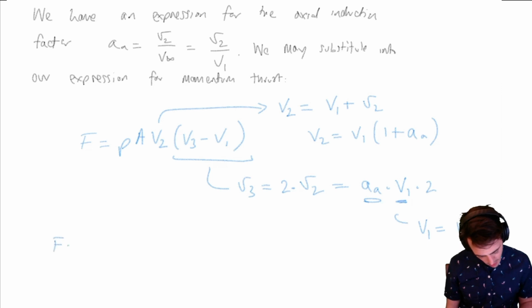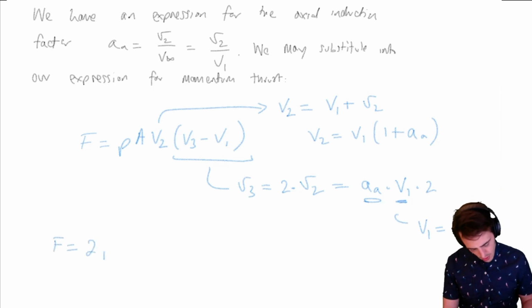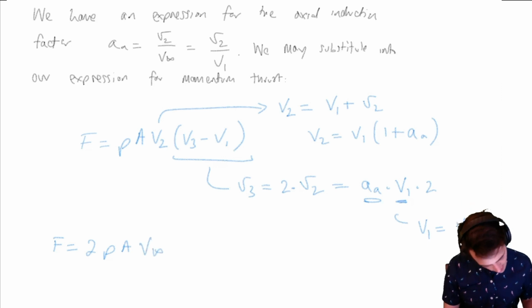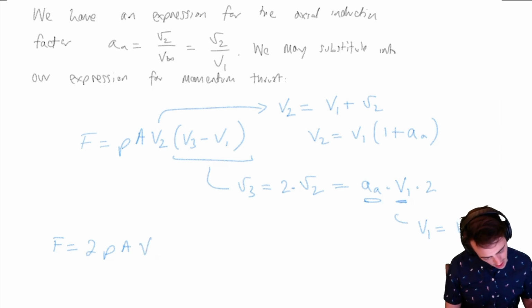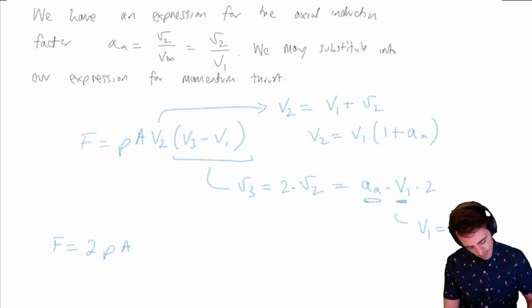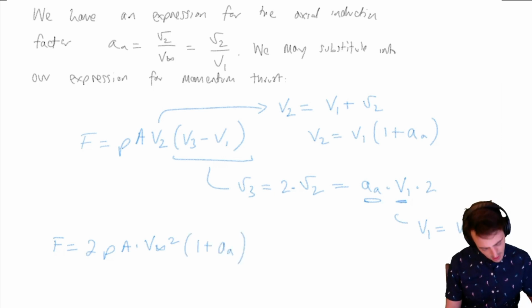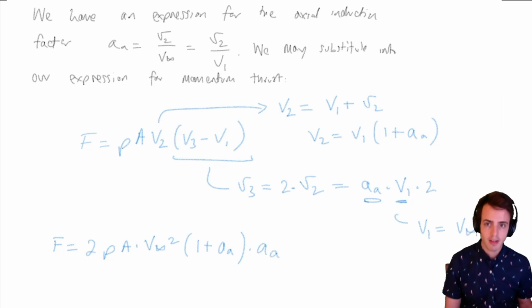So F is equal to 2 rho A V infinity. Let's just check this. We've got a V infinity coming in here, and we've got a V infinity here as well. So we have V infinity squared times 1 plus our axial induction factor, and then we've got our axial induction factor again here.